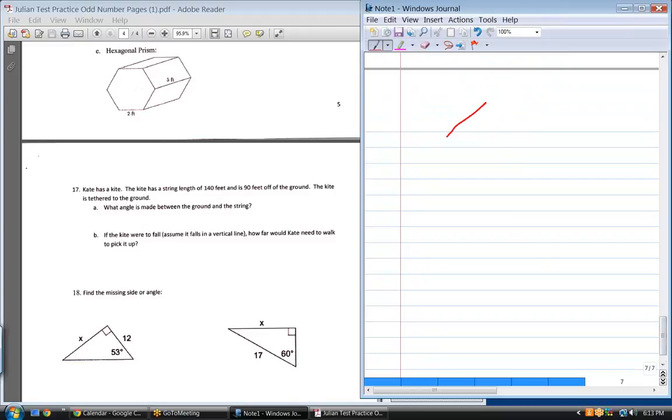So, first of all, let's draw our hexagon. That's the apothem. Okay, so the radius? Well, it's not really a radius. I mean, if anything were going to be a radius, that would be a radius.